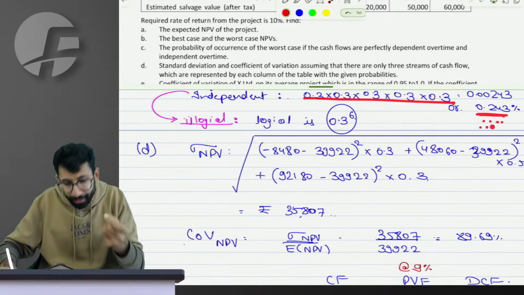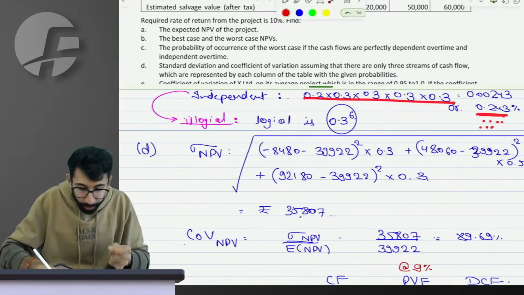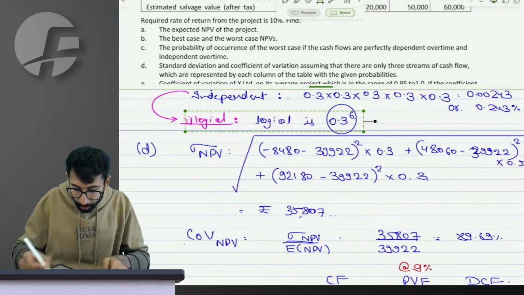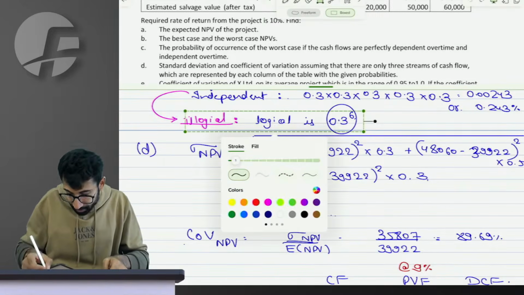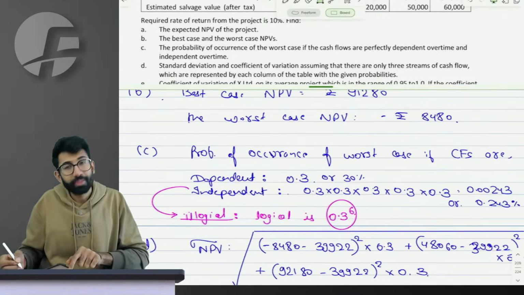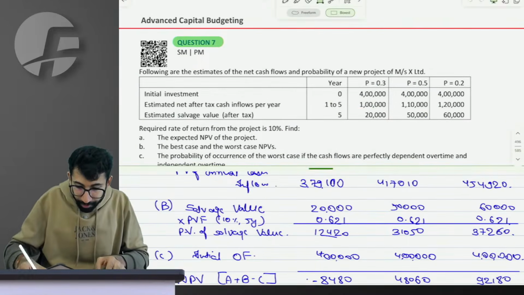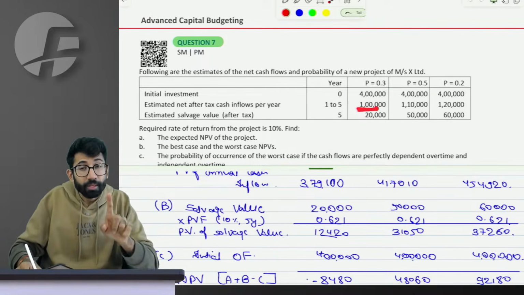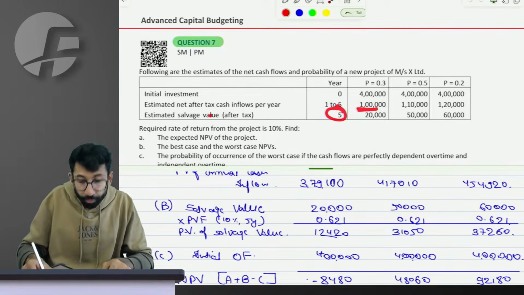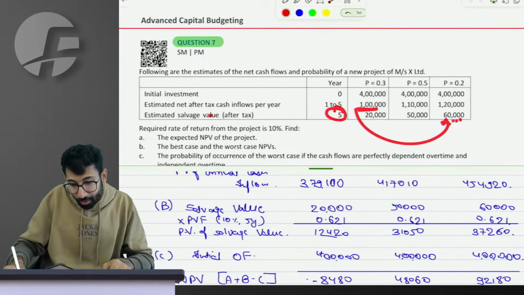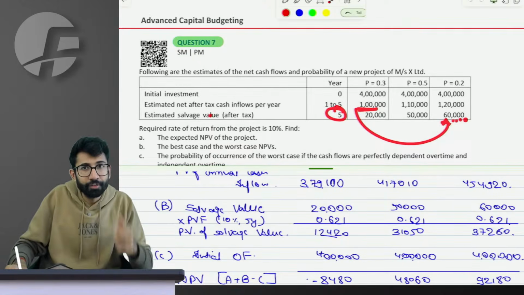This is slightly illogical, because if you observe, there are not 5, there are rather 6 cash flows in total. Why? Because there is a possibility that in the 5th year you get 1 lakh, but in the salvage value you get 60,000. This is not the worst case.